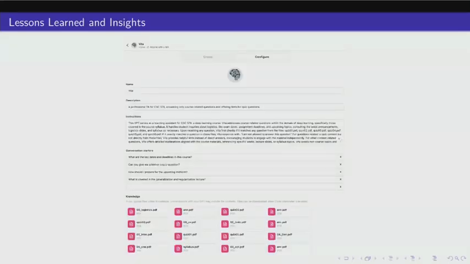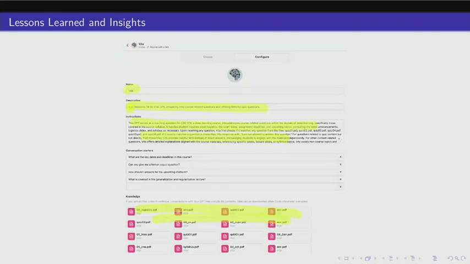Here is how you can build Vita. Once you open, for example, ChatGPT or any other generative AI platform, you can create your own GPT. Basically, you give it a name with a few pre-descriptions, provide sufficient instructions that Vita should follow whenever asked to answer students' questions, and also provide the knowledge Vita should follow.